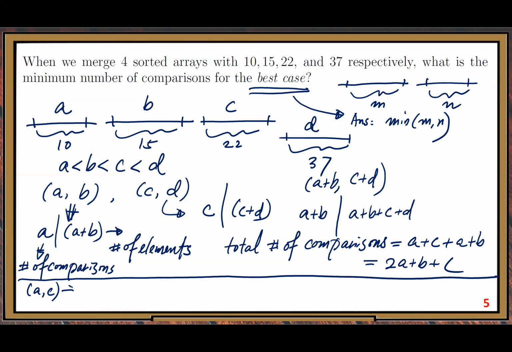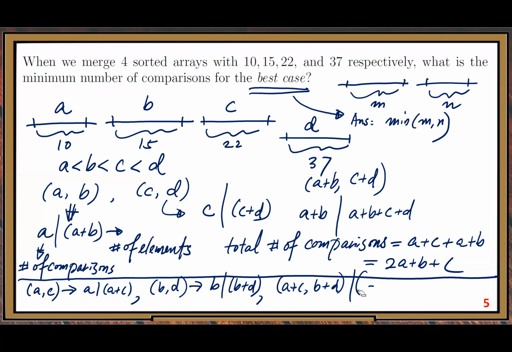AC and BD: we will get A comparisons with A plus C elements. BD merge, we will get B comparisons with B plus D elements. Then we merge A plus C and B plus D.